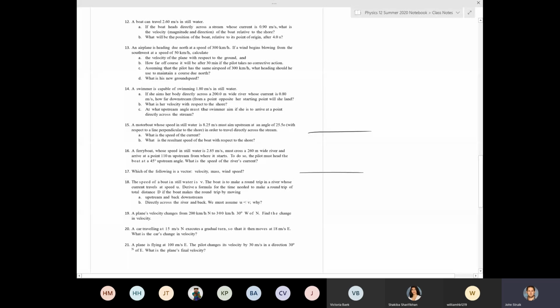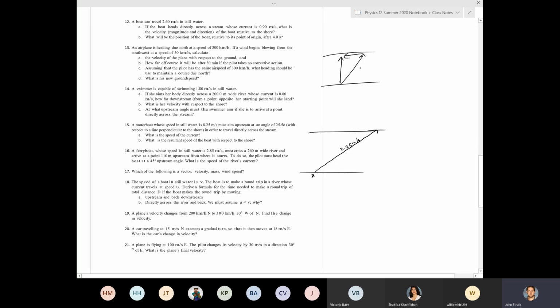So what the ferry's doing is it's pointing 45 degrees upstream. So let's say it starts right here and it's going that way. Its speed is 2.85 meters per second. Okay, so that goes there. Now the river's speed: normally, if a boat wanted to cross a river, it would go like that, and then plus the river speed, it would go directly across.